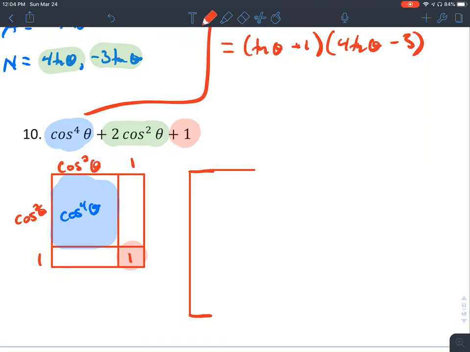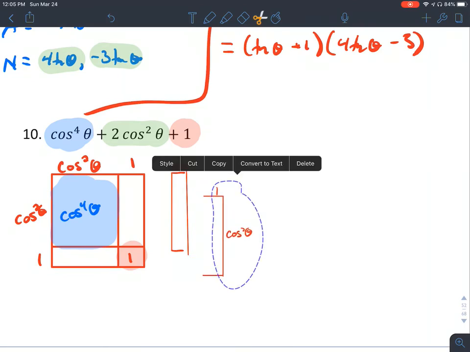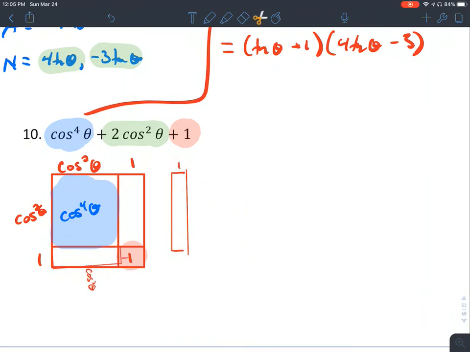That's a rectangle that's going to be 2 times cosine of 2 theta. If I split this apart, like here, that's going to make each of these rectangles 1 by cosine of 2 theta. This scale that I have here is really bad. That's more accurate. Well, I can take one of these and put them right here. I can take the other and spin it around and put it right here.